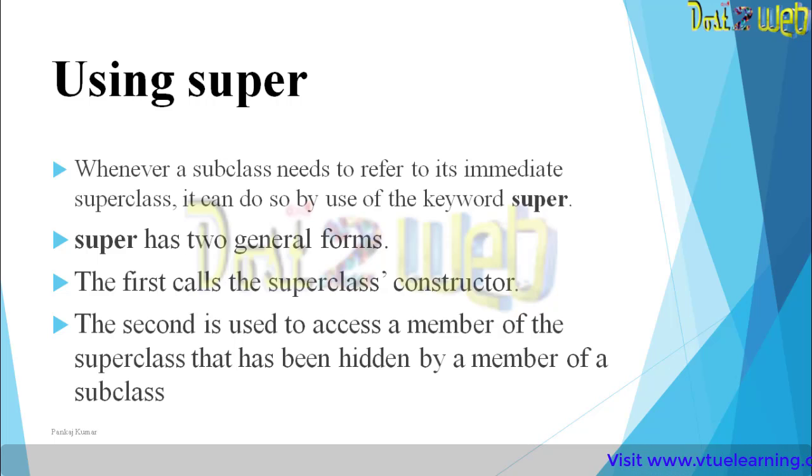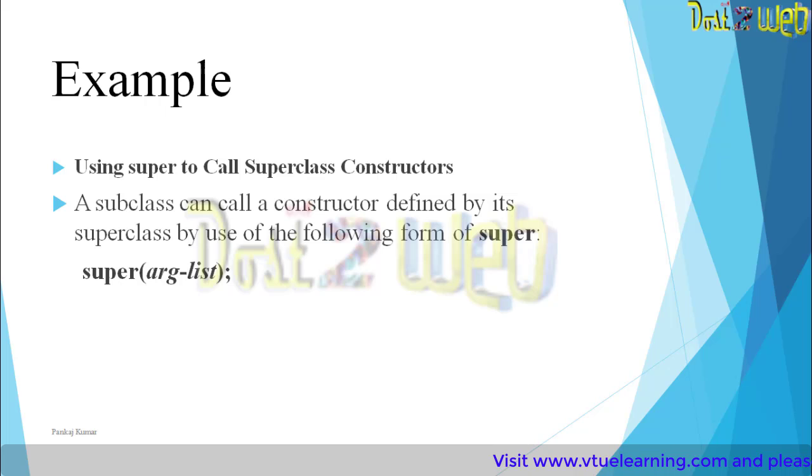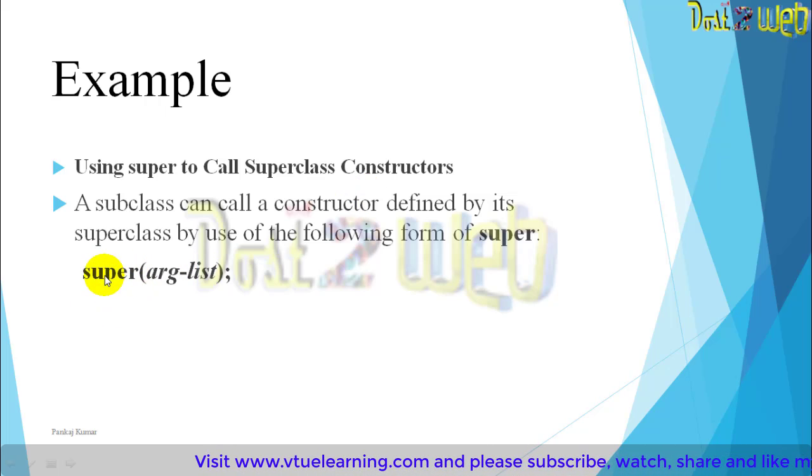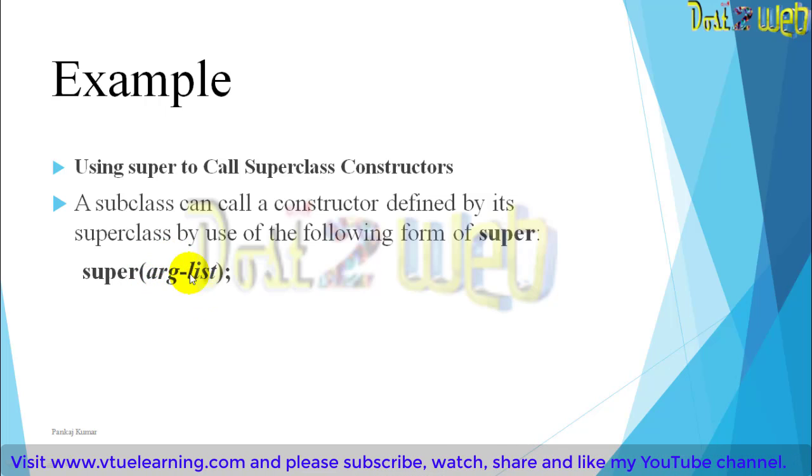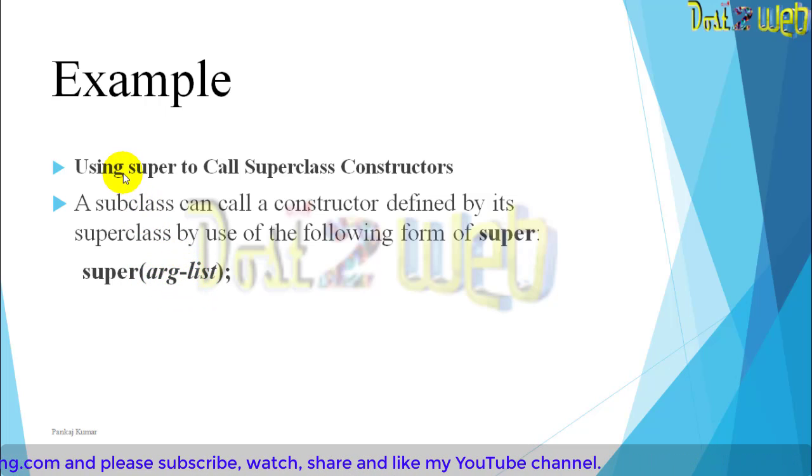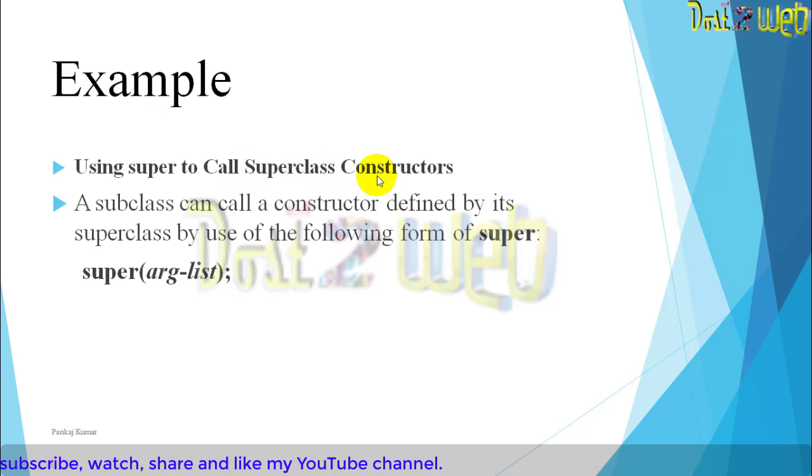To do this, what is the syntax? You use super and the argument list. So, using super to call the superclass constructor: a subclass can call a constructor defined by its superclass.